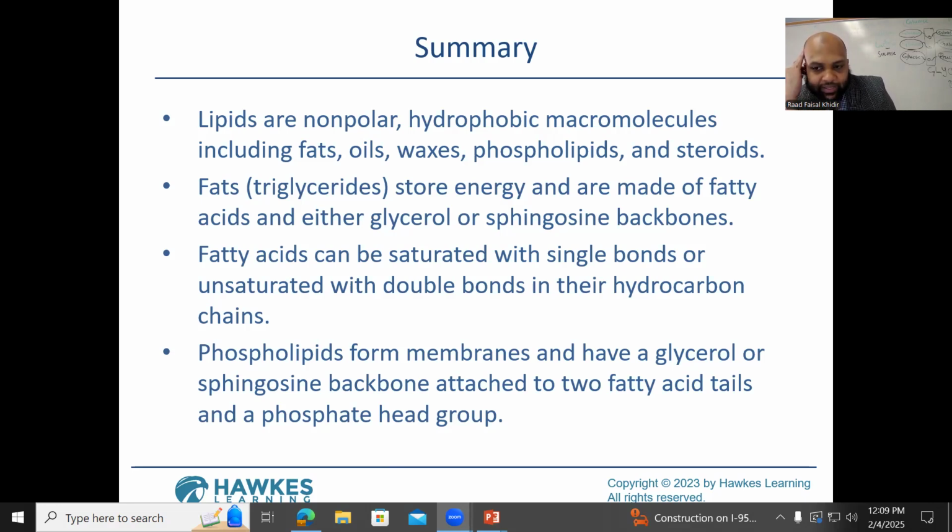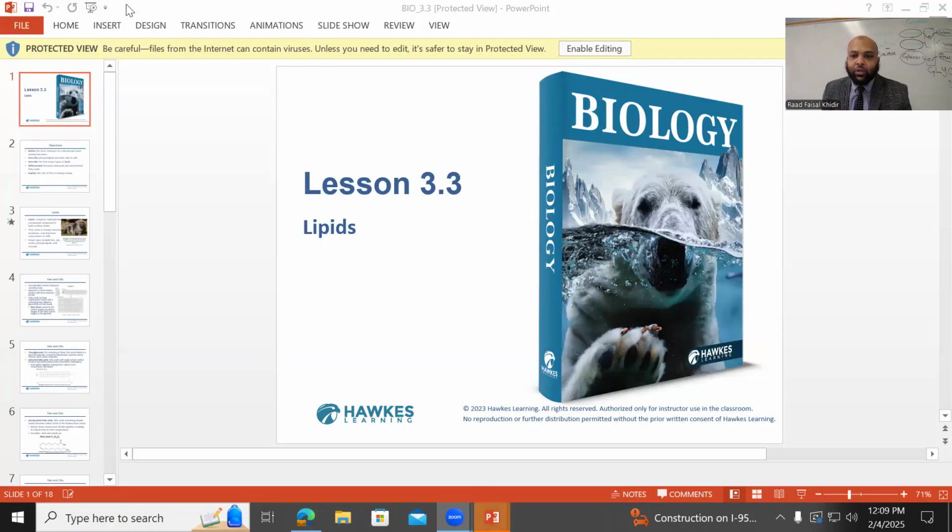Fatty acids can be saturated with single bonds or unsaturated with double bonds in their hydrocarbon chains. And phospholipids form membranes and they have a glycerol or sphingosine backbone that is attached to two fatty acid tails and a phosphate head group. Okay, we're done with the lipids.